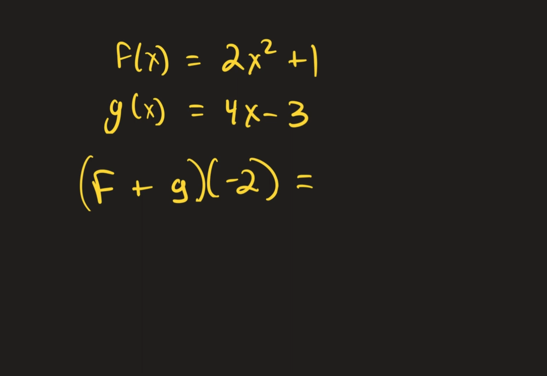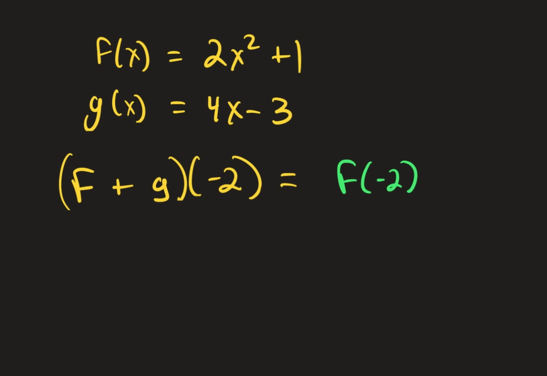The first thing I'm going to do is rewrite f plus g of negative 2 to help myself think about what I need. So we could rewrite this as f of negative 2 plus g of negative 2. I like to do it this way.